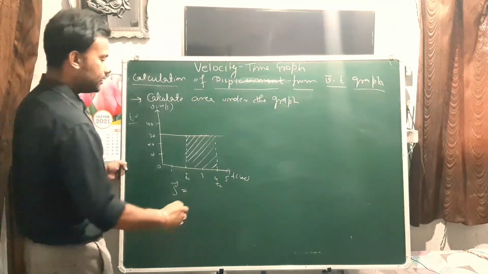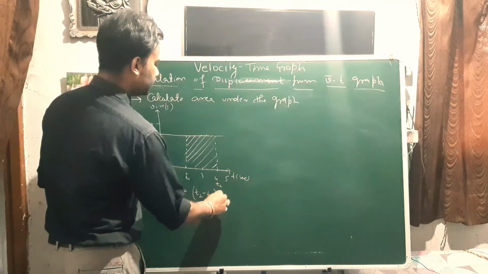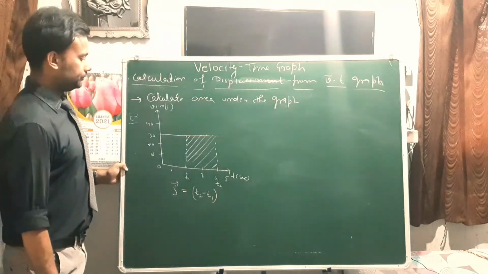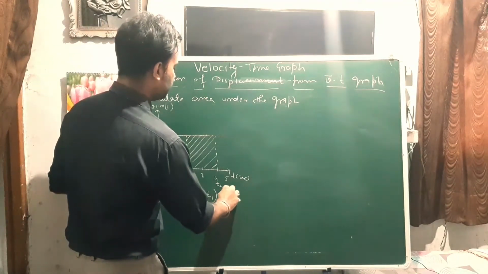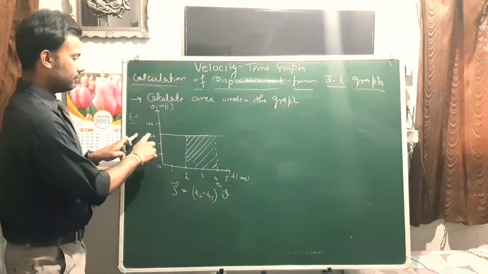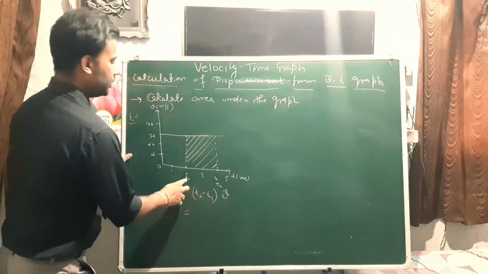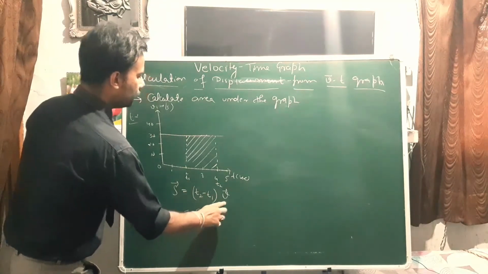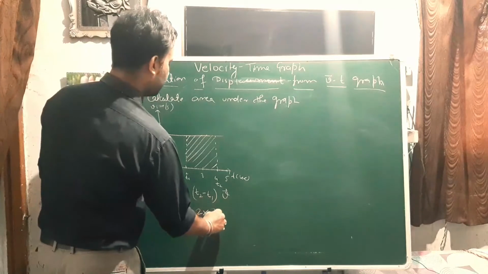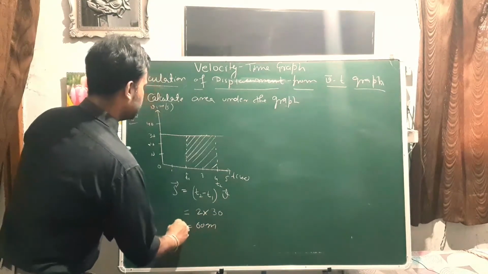Time will be T2 minus T1, into V. What is V here? V is 30. So find the value. T2 is 4, T1 is 2, that will be 2, and velocity is nothing but 30, so that will be 60 meters.